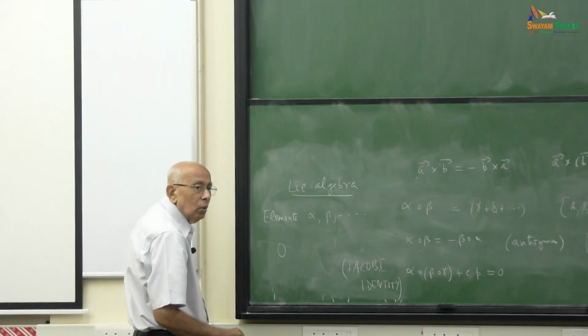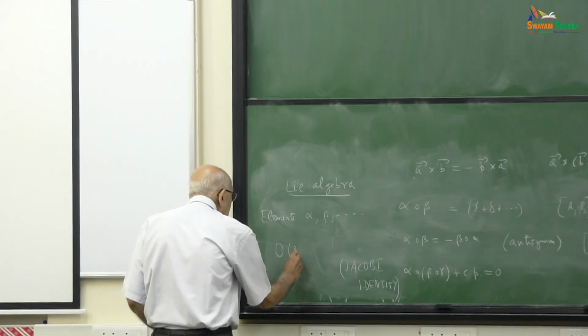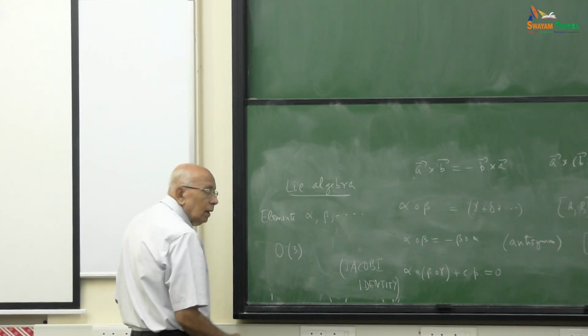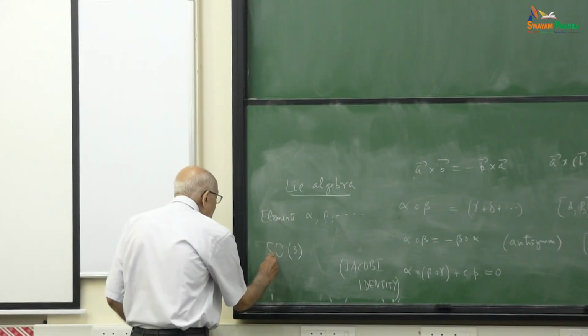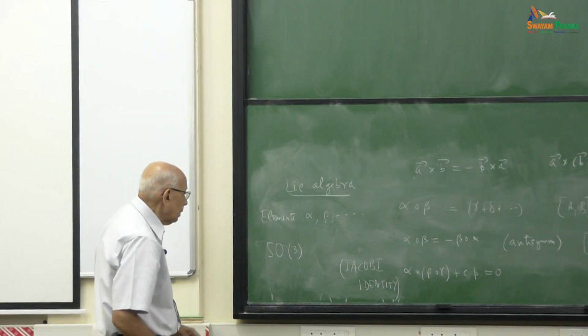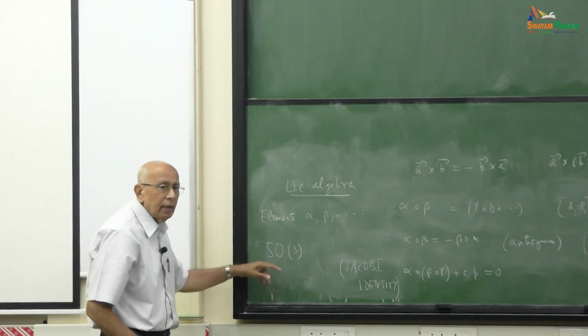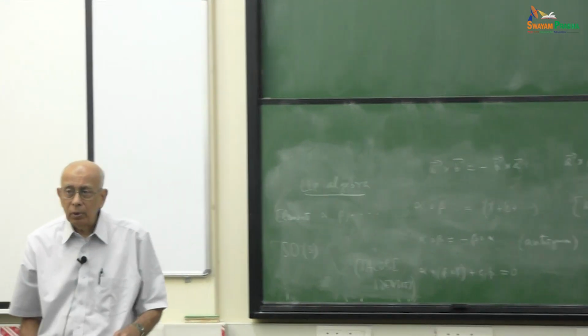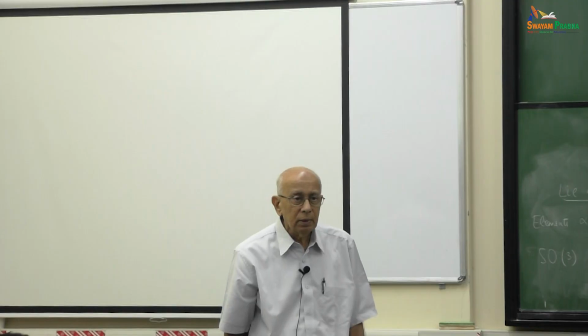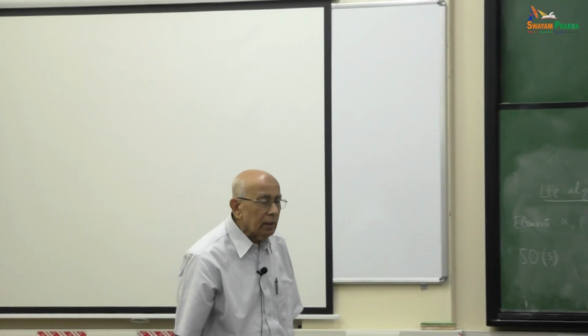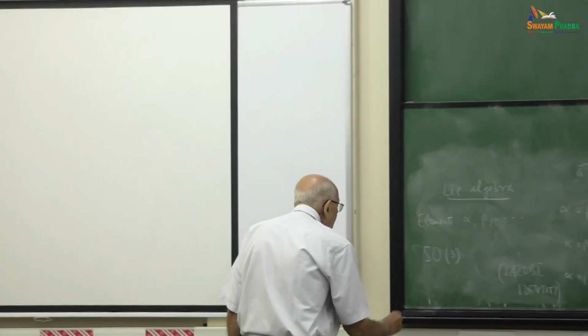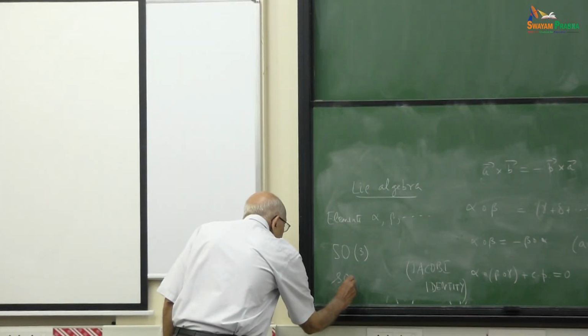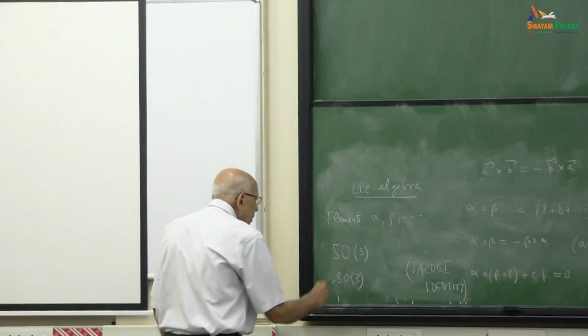So you put an O, it's in 3 dimensions so you put a 3, and it's got determinant plus 1, so it's called a special orthogonal transformation. The group is read as SO3, which stands for the rotation group in 3 dimensions. It has 3 generators which form a Lie algebra, and that Lie algebra is written with small letters instead of the big letters.